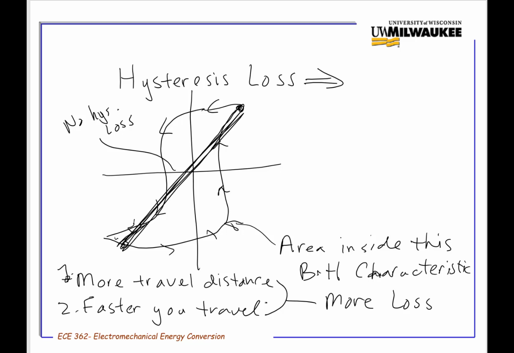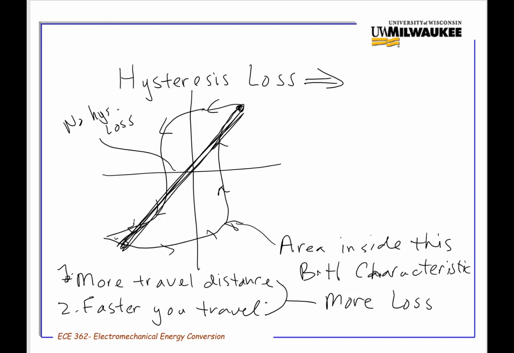So I have a question. What makes you travel faster around this curve? Wouldn't it be the current that you're pushing through it?